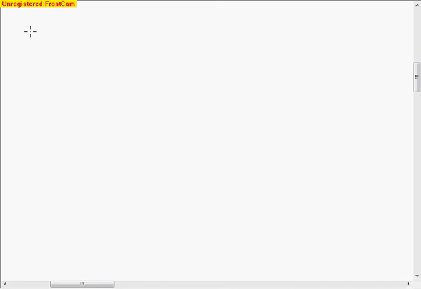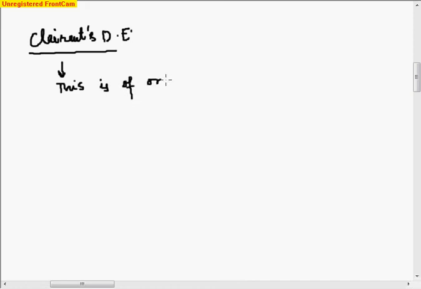This is Clairaut's differential equation. Clairaut's differential equation is of first order, order 1, right?